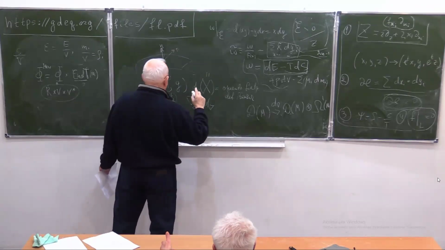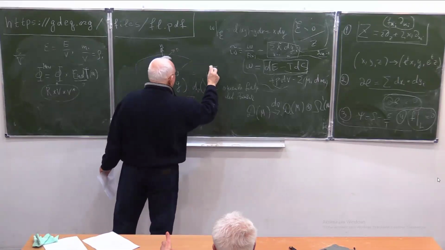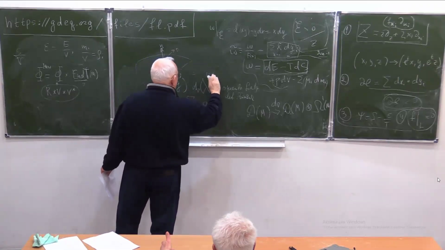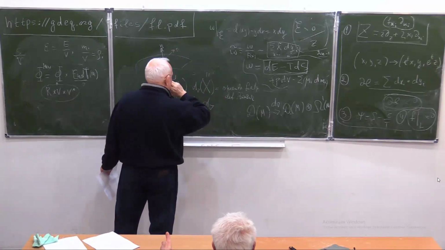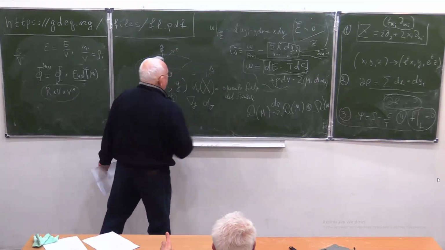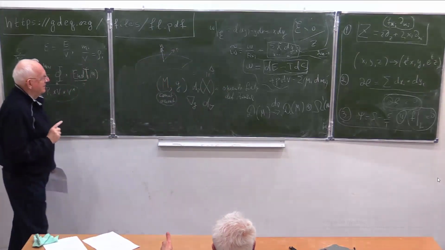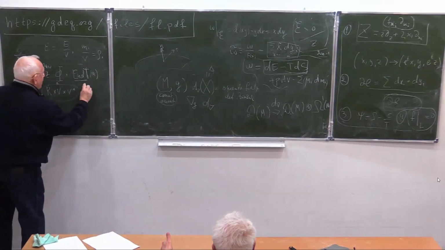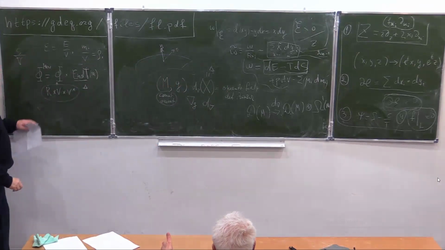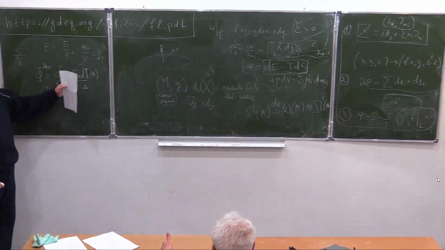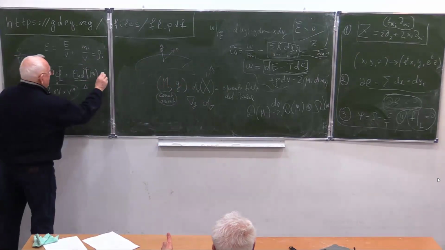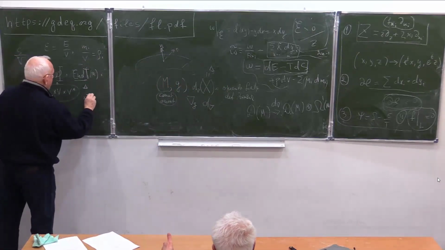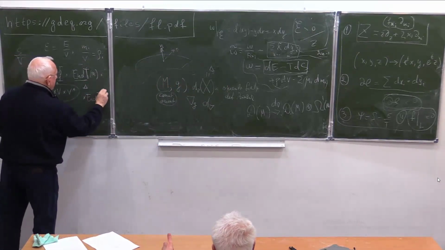I don't have Laplace yet, so I will just denote the element here by data. So in the brackets of this, I will simply write it as endomorphisms of this.